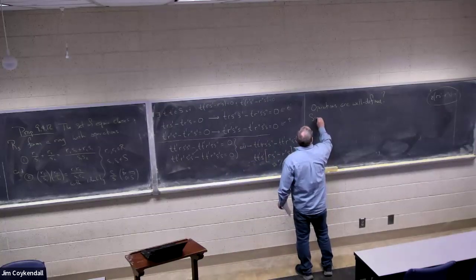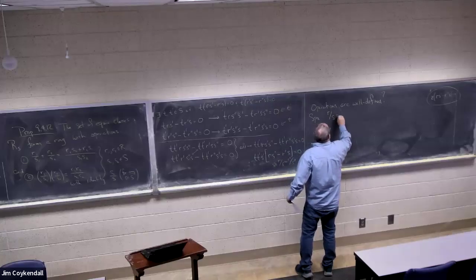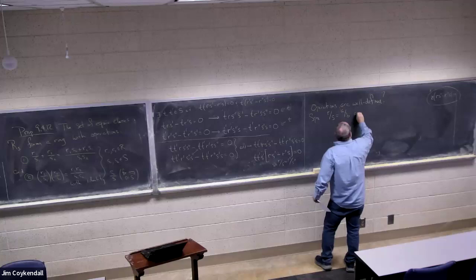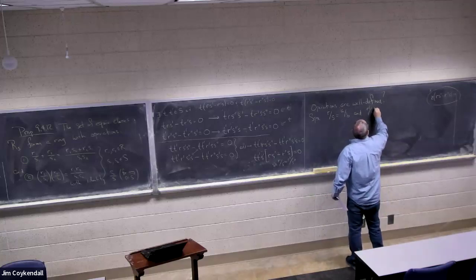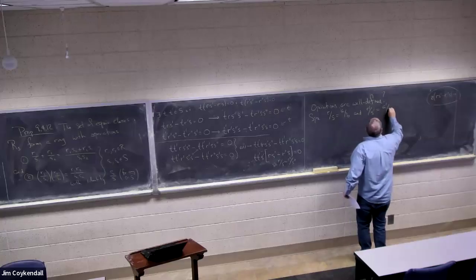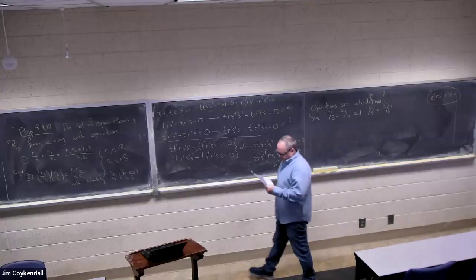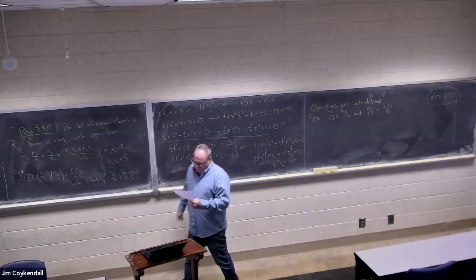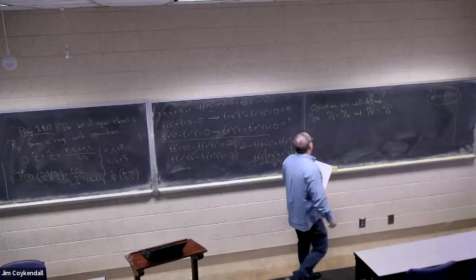Suppose R over S is A over B, and R prime over S prime is A prime over B prime. Let's go through this.